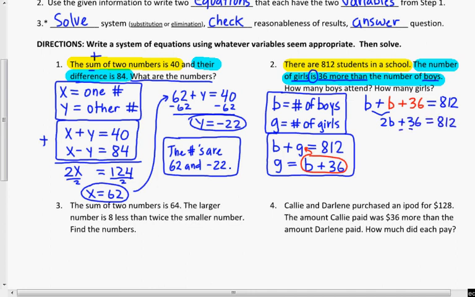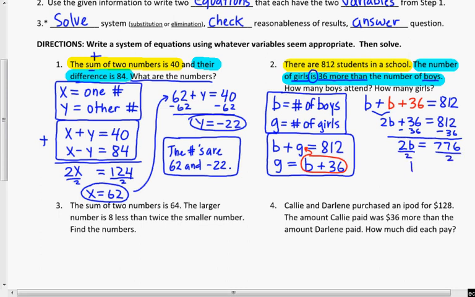If I subtract 36 on both sides, oh boy, it's early in the morning, 776 hopefully. And then I have to divide by 2 on both sides.